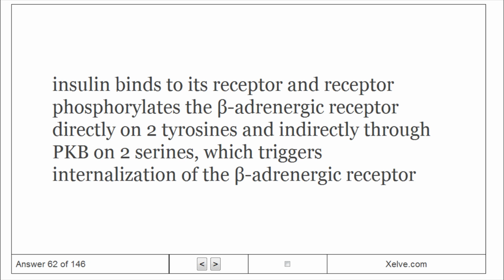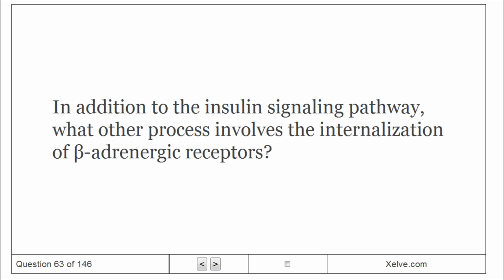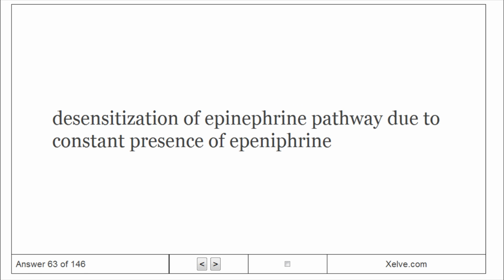Insulin binds to its receptor and the receptor phosphorylates the beta-adrenergic receptor directly onto tyrosines and indirectly through PKB onto serines, which triggers internalization of the beta-adrenergic receptor. In addition to the insulin signaling pathway, what other process involves the internalization of beta-adrenergic receptors? Desensitization of the epinephrine pathway due to constant presence of epinephrine.